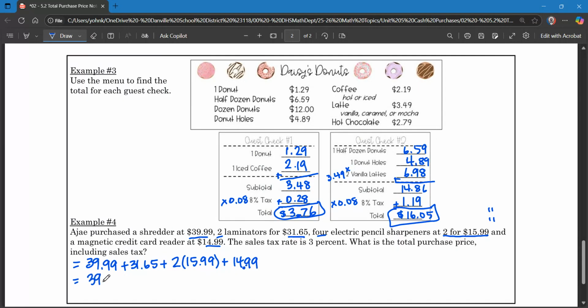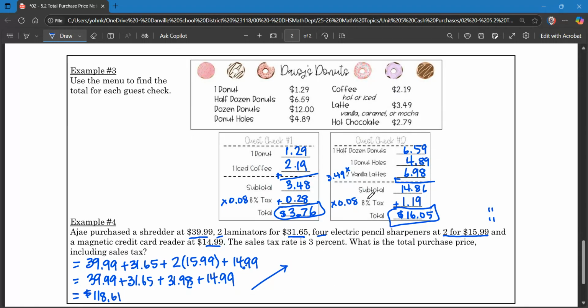We got the $39.99, the $31.65. If I do 2 times $15.99, it's $31.98 plus the last $14.99. If I add this all up, our subtotal or our total selling price is $118.61.